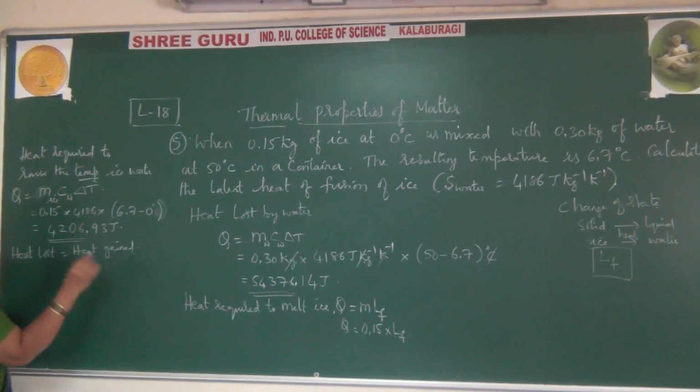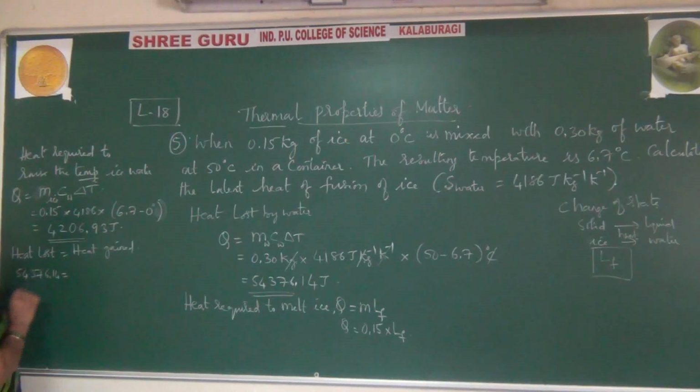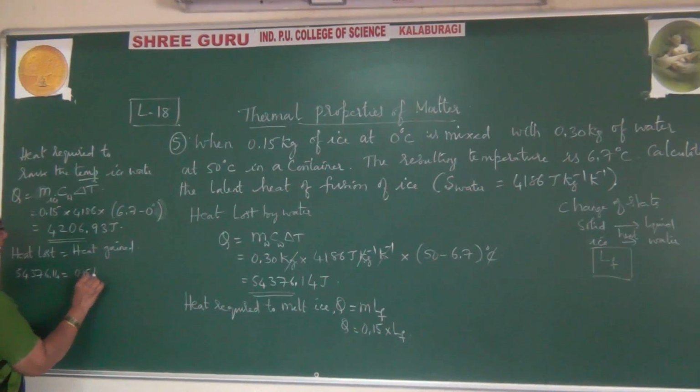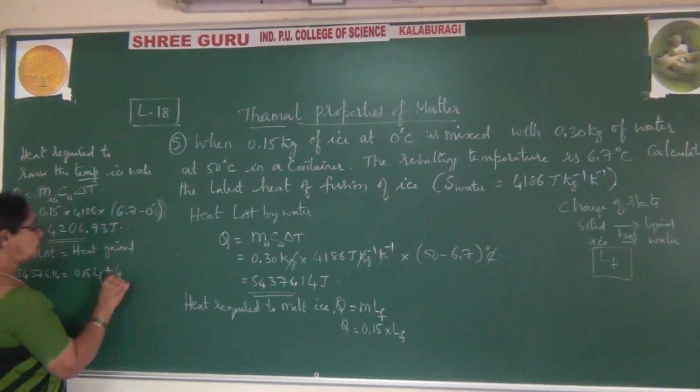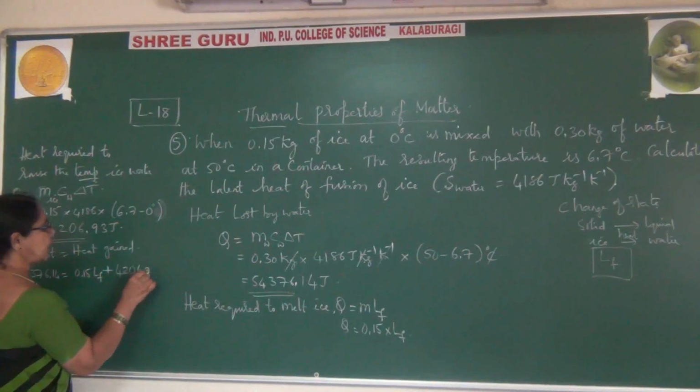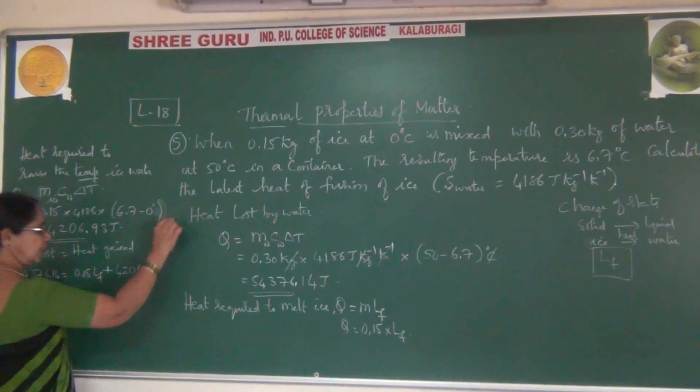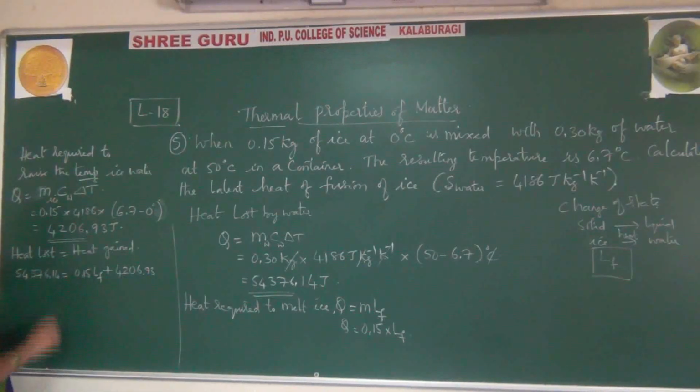The heat loss is 54376.14, which is equal to the heat required to melt ice, 0.15 into LF, plus this 4206.93. These two you have to add.